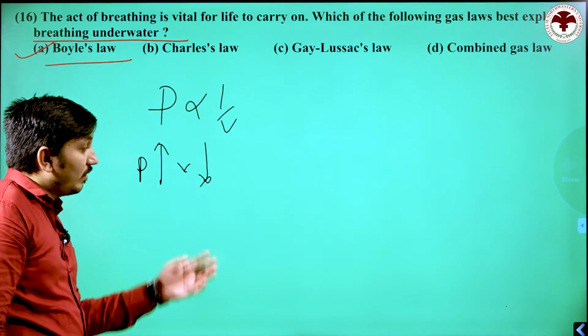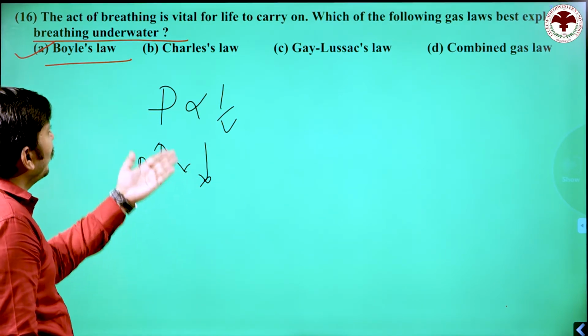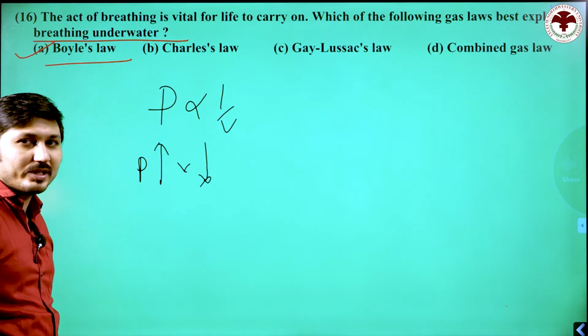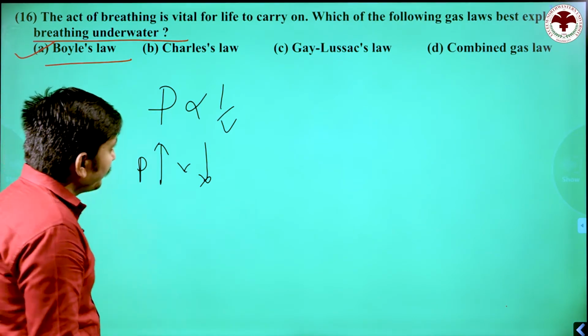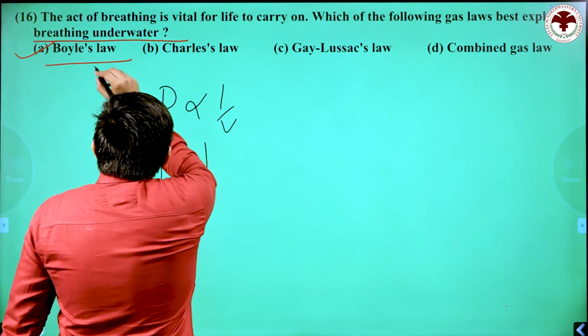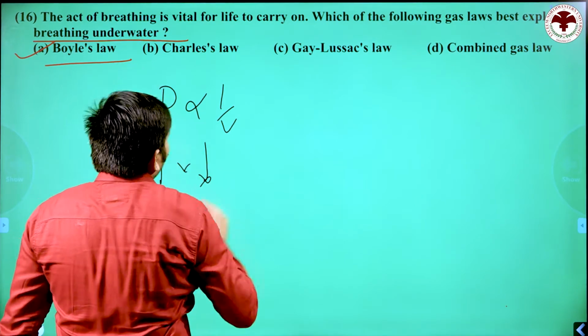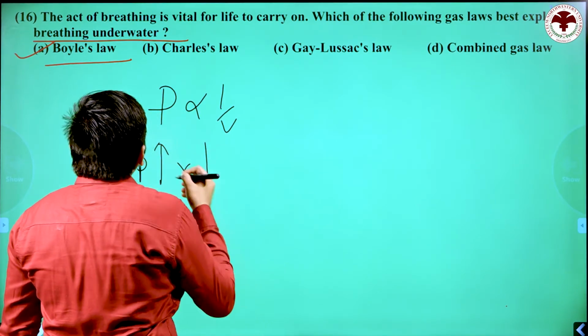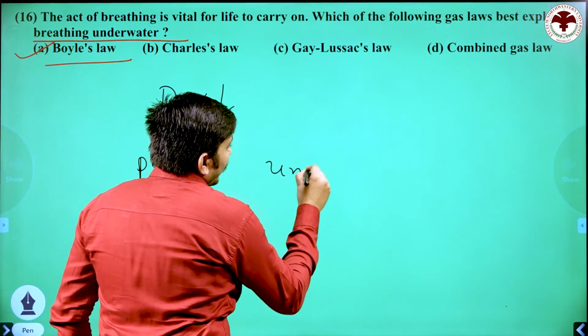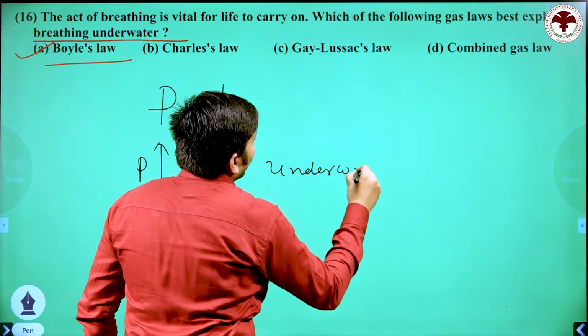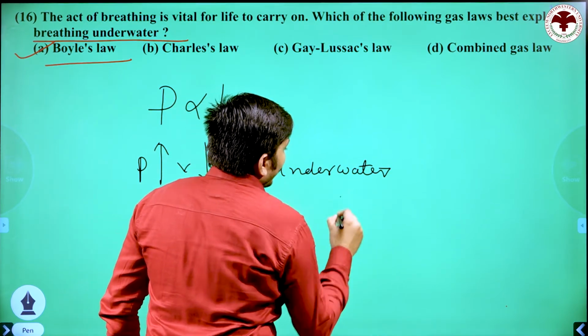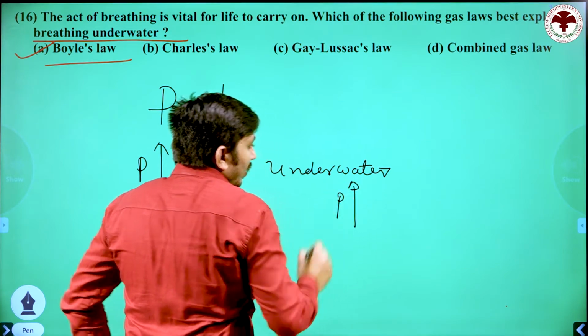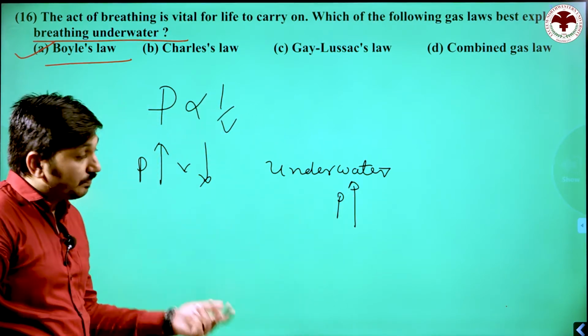So, what is the importance of this law in this particular situation? Think. This underlined phrase, breathing under the water. Under the water, pressure is very high. You know that also.